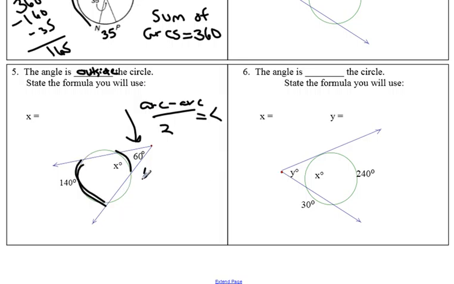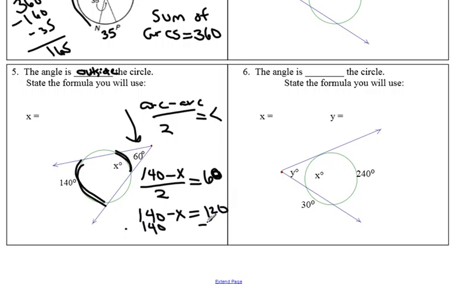So we would take the big arc, 140, subtract the little arc, x, divide by 2, and that equals the outside angle, which is 60. So 140 minus x equals 120. Subtracting 140, we get that negative x equals negative 20, so a positive x must be 20.